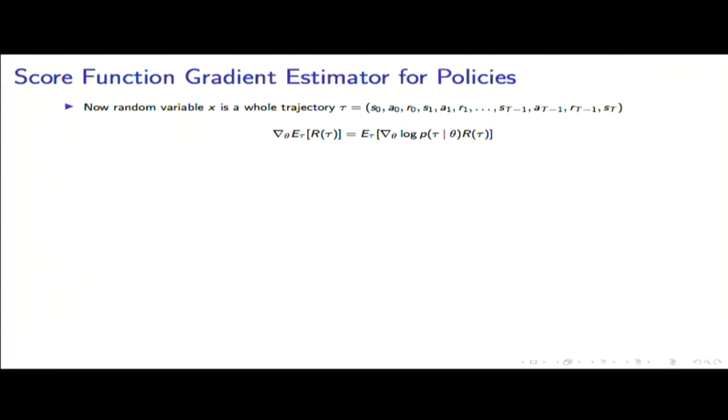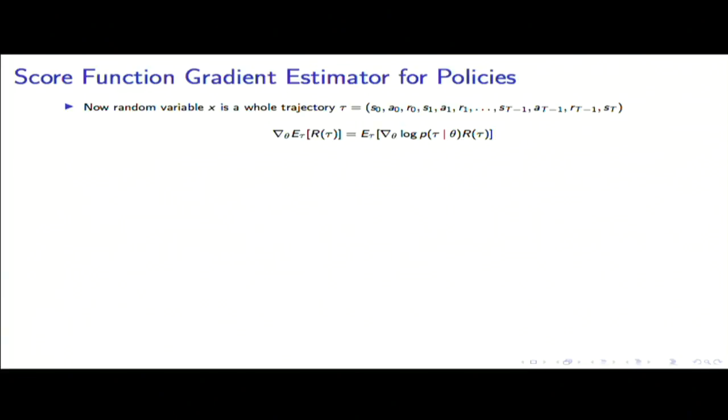Okay, now we just went through this general estimator, which applies to gradients of expectations, but not necessarily in the reinforcement learning setting. And we can straightforwardly plug in the probability distribution involved in reinforcement learning, and we can get gradient estimators which will allow us to optimize policies. So in reinforcement learning, we're interested in optimizing the expectation of the total reward of a trajectory.